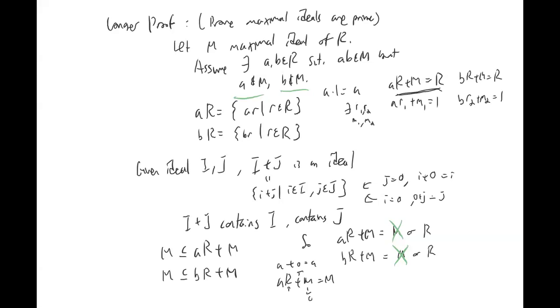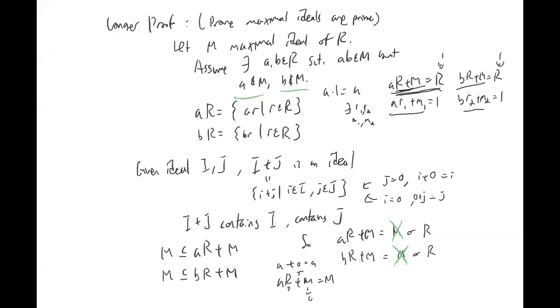If 1 is in R, then there must be some combination here that gives 1, because the sets are equal.